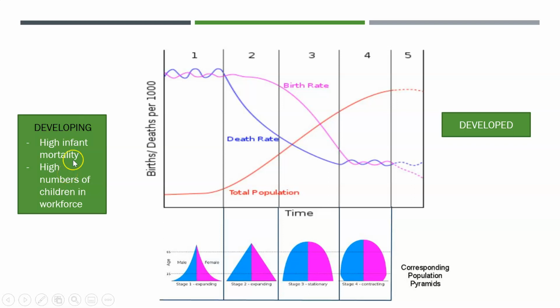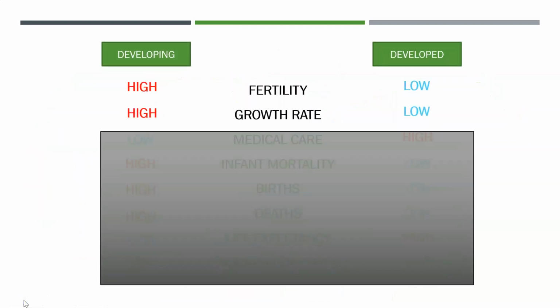Our developing countries are those with high infant mortality and high numbers of children in the workforce. When we compare them, fertility is typically high and the growth rate is high in our developing countries as compared to the developed countries like the US or Japan, where fertility is overall pretty low and the growth rates are pretty low.